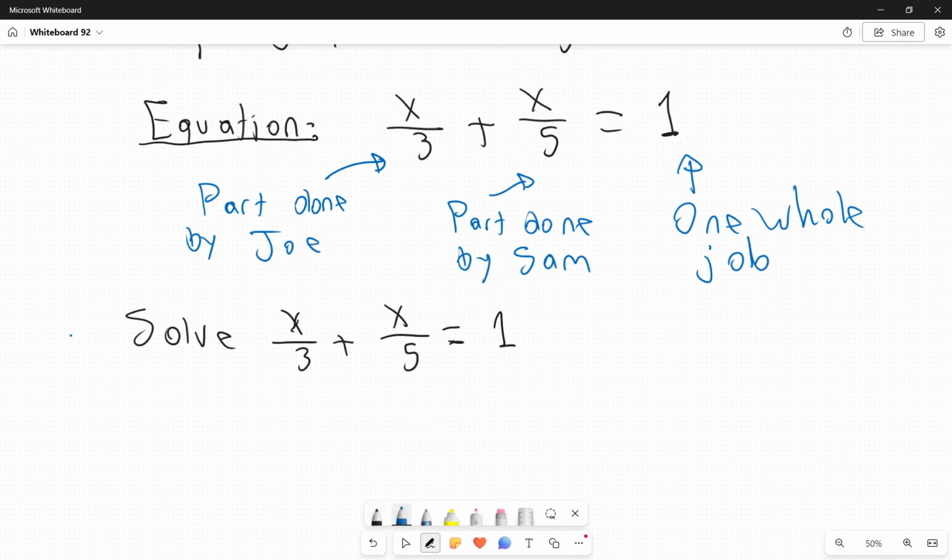That's an equation with fractions. The least common denominator, or least common multiple, of 3 and 5 is 15. And we multiply the LCD on both sides.